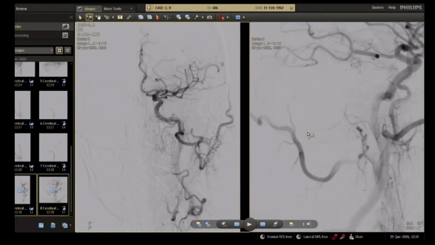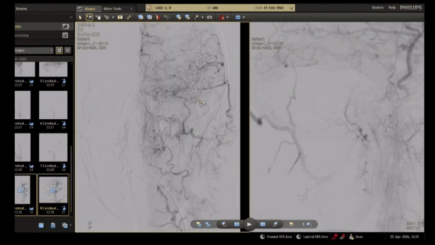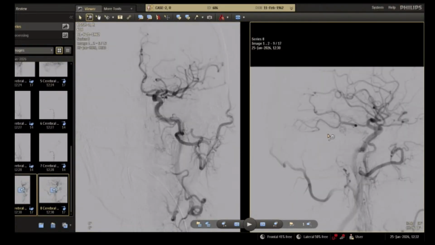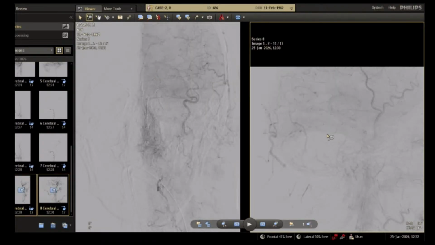Yes, it's part of ascending pharyngeal. I think we can go from the occipital artery on the right side.